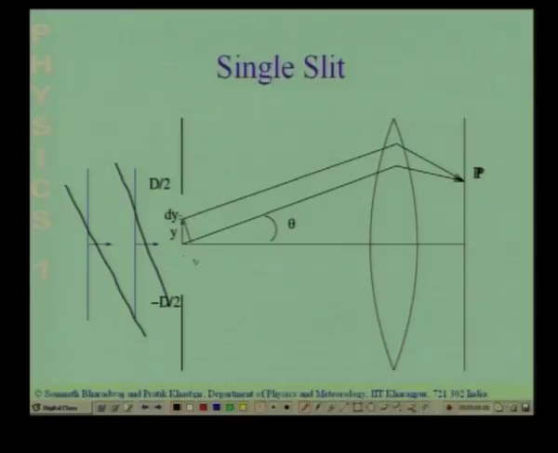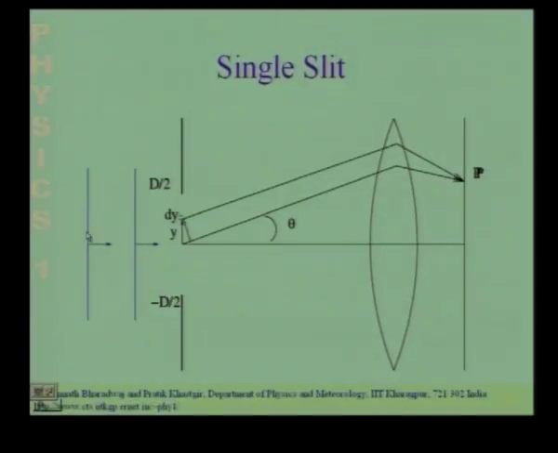There would be a phase difference, this part would be ahead and this part would lag in case the wave fronts were at an angle. But we are considering a situation where the wave front is parallel to the slit. So, all of these points are oscillating with the same phase, and each of these points acts like a source which emits secondary wavelets at the same phase.